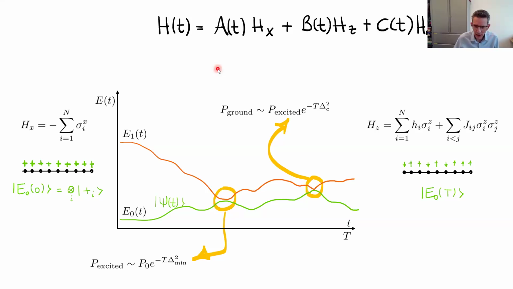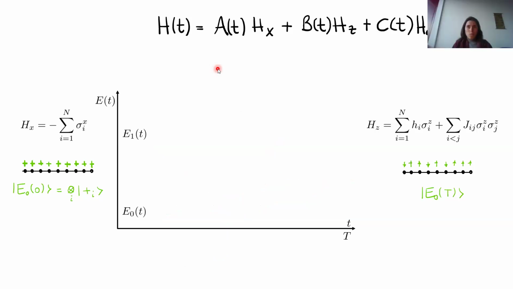Do I understand correctly if I say that the following metric is the important one? It's a comparison between your dephasing time and the time interval between the two minima in the DQA case. Have I understood that correctly?